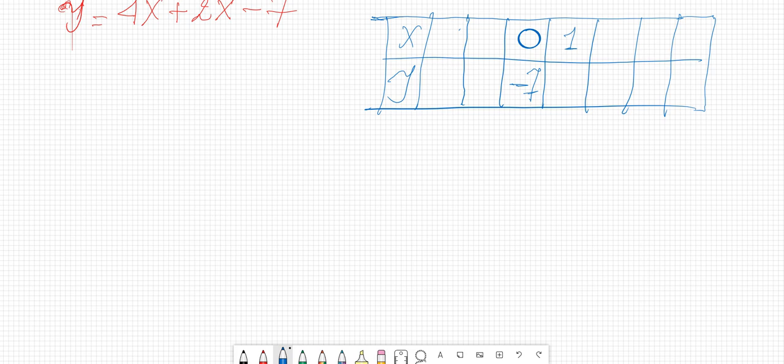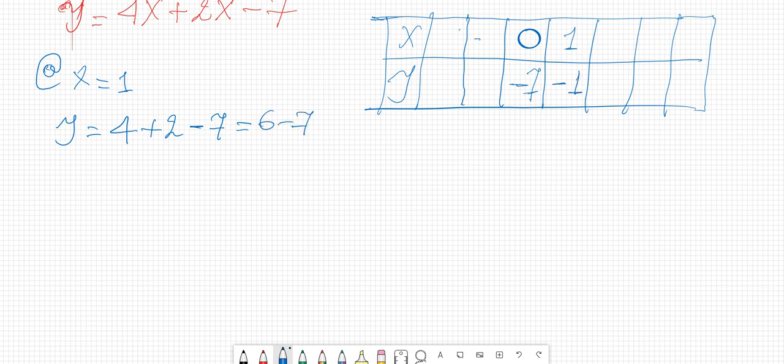So at x equal 1, y will equal 4 plus 2 minus 7, so it is 6 minus 7, which is negative 1.